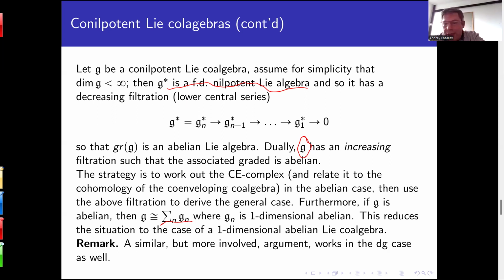Okay? So one could think that this is already completely trivial and obvious. I will just explain that this is not hard, but still not completely obvious. And a similar but a little bit more involved argument works in the differential graded context.